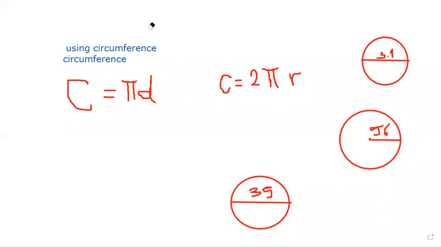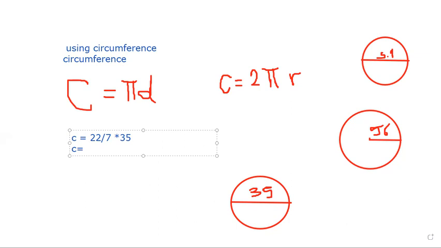So please, why did he choose 22 over 7 for the circumference? It will be equal to 22 over 7 multiplied by 35. Why didn't he choose C equals 3.14?